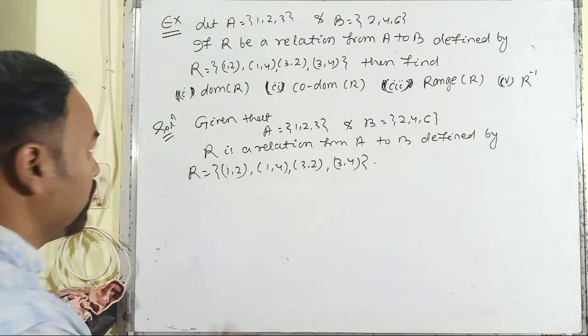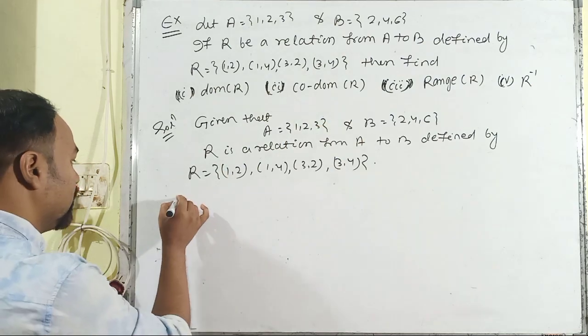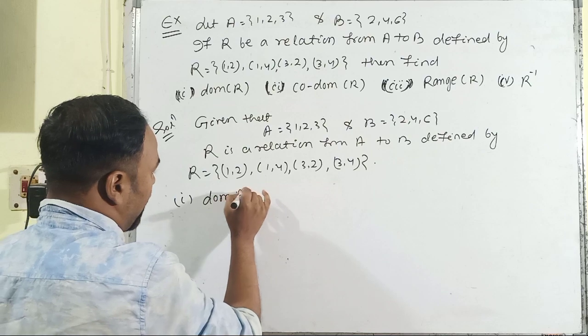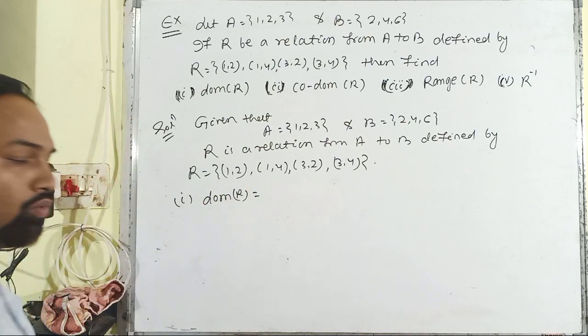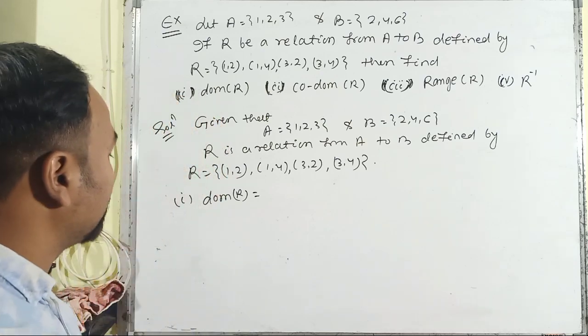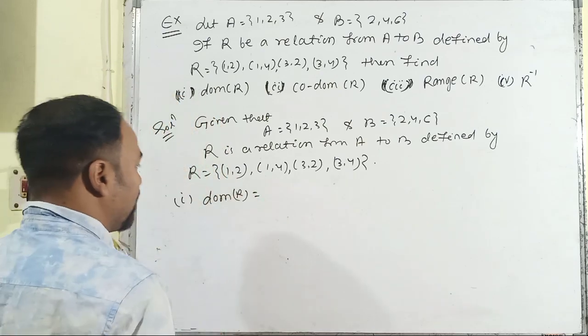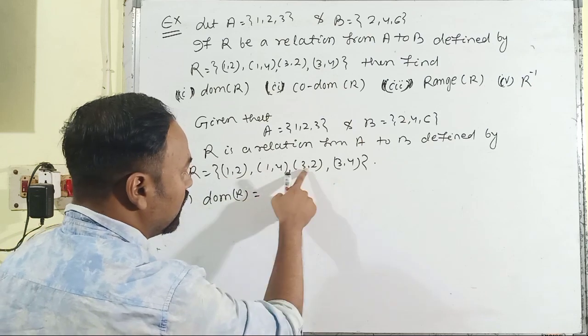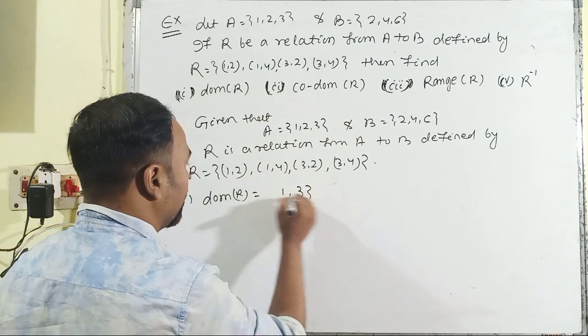We have to find these 4 things here. So first of all, the domain of R. That means we have to find all first components of all ordered pairs present in the relation R. The first components of all the ordered pairs are 1 and 3.